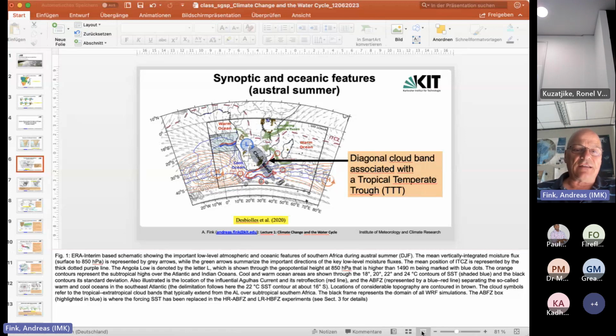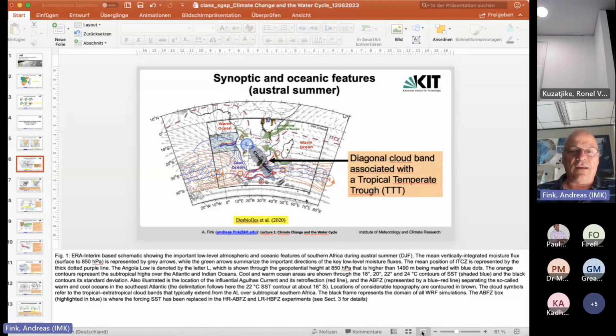So this is a very noisy slide from Despiol et al. I just want to highlight a few things that we have already seen before. It's again the situation during Austral summer. And you see here the outlines of Southern Africa.